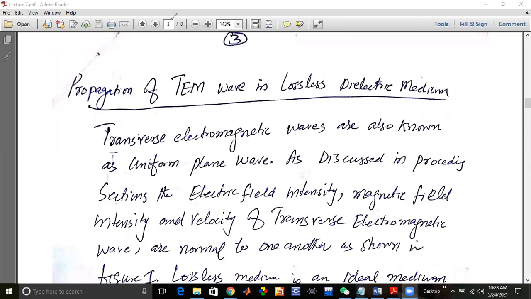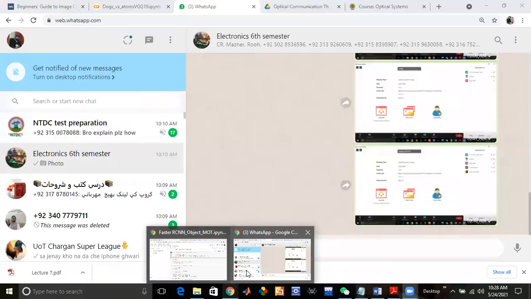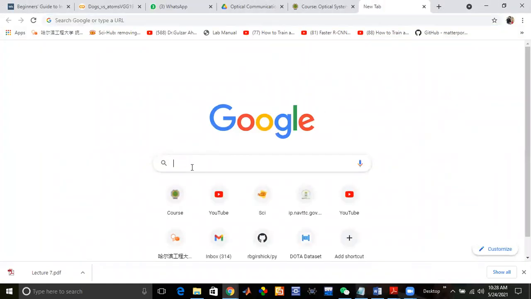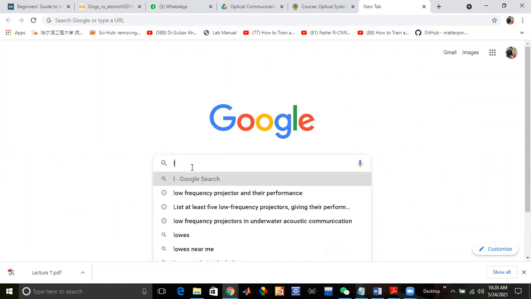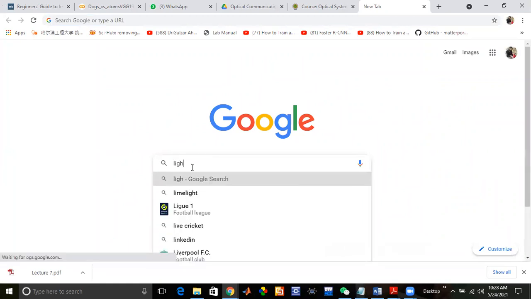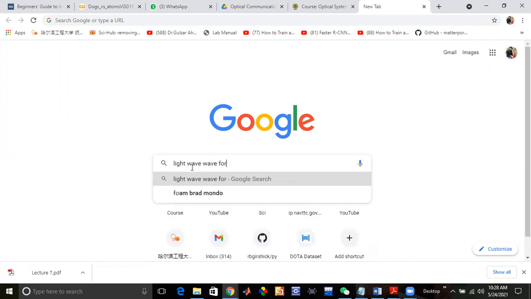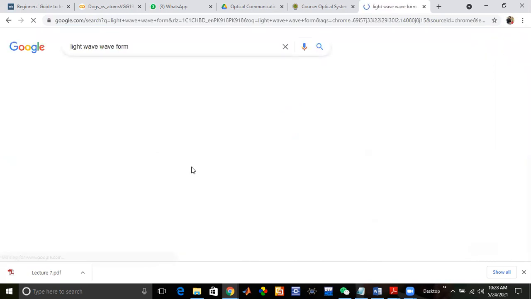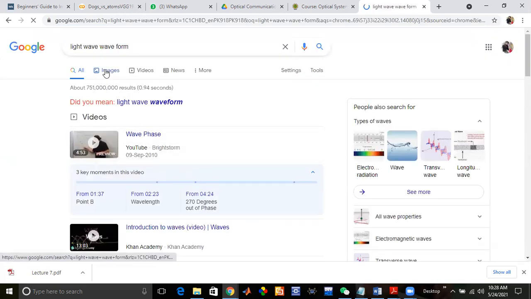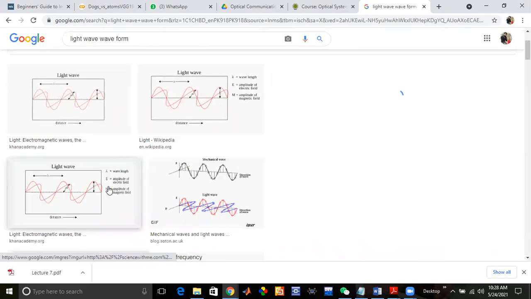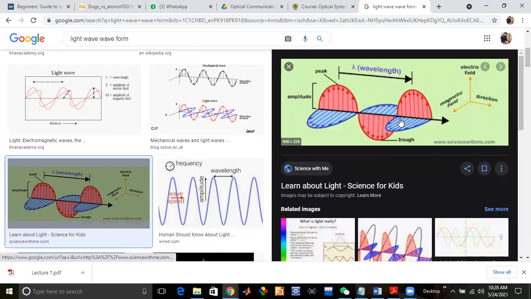And I have shown the light waveform. This is the light wave.